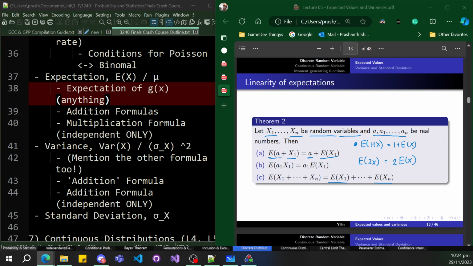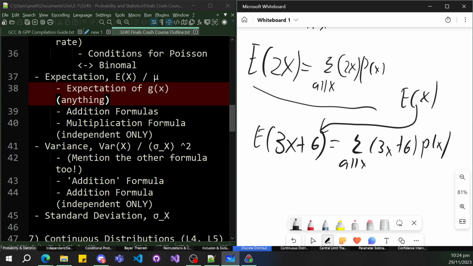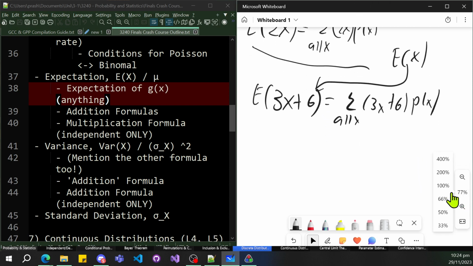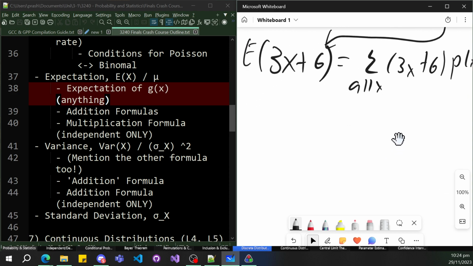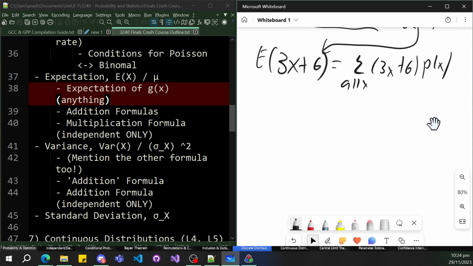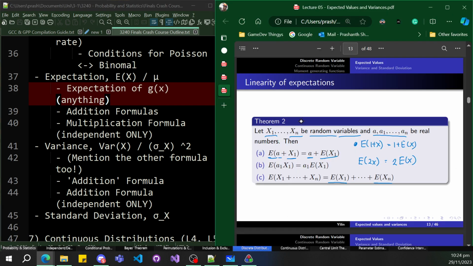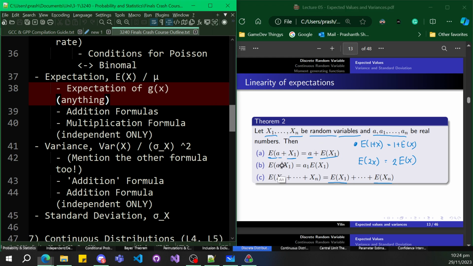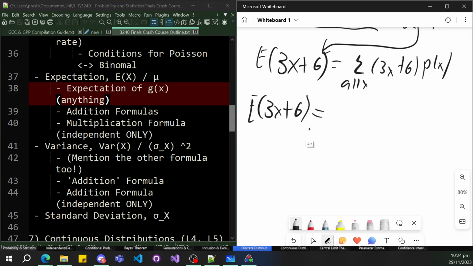Let's take the first one, for example. So we've got the expectation of 3x plus 6. Using these formulas, we can take out the constant, which is 6 in our case.